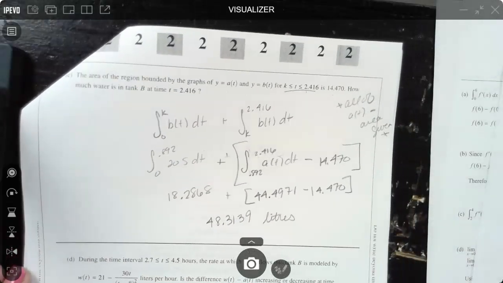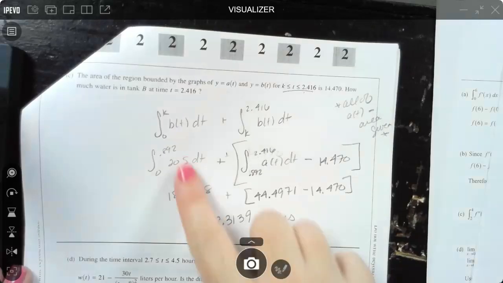Finally, one that I thought was a bit easier. It was only worth 2 points. The area of the region bounded by the graphs y equals A of t and y equals B of t, for, and then they give you this value here, is 14.470. How much water is in tank B at time 2.416? And so, what did we do here?